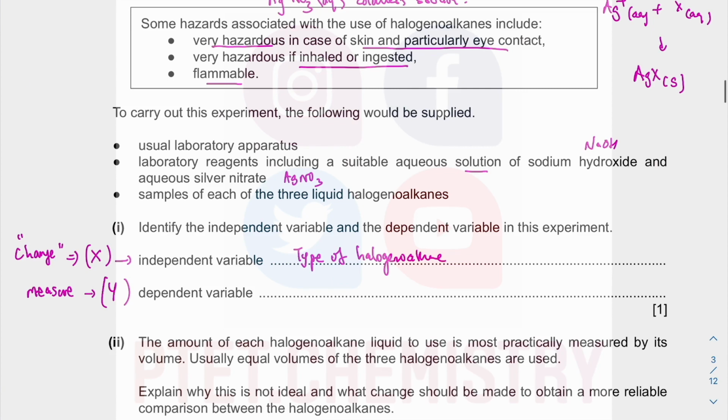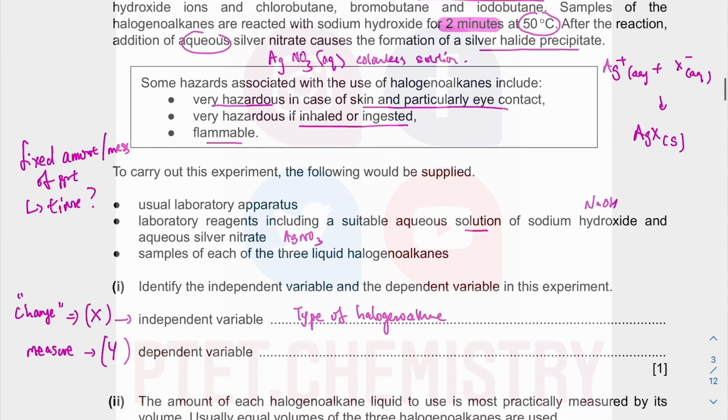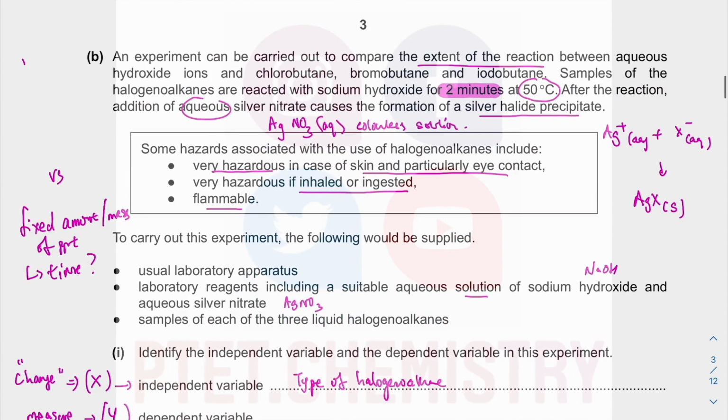Okay, so there are two variations: fixed amount of mass of precipitate, and what is the time? That's what you measure, versus fixed time, then what is the amount of your precipitate? There are two different variations of the experiment. Obviously you can monitor time, or you can monitor the amount of halide solid that you form.